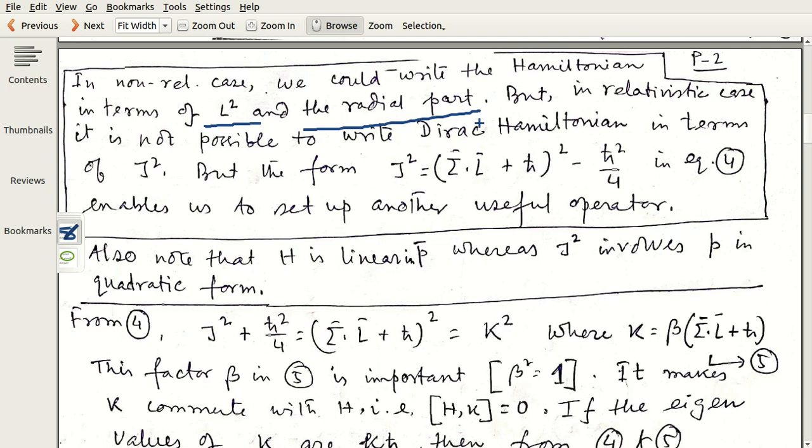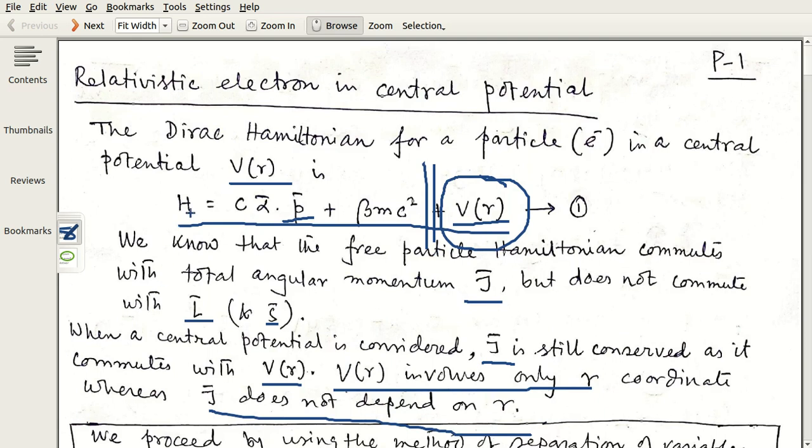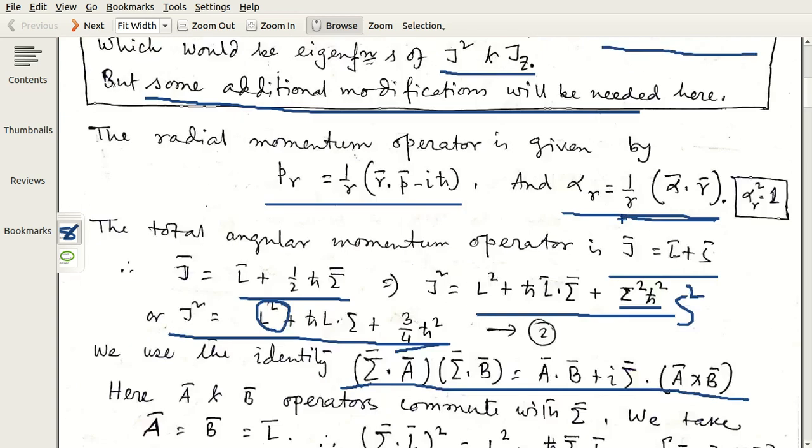But in the relativistic case, it is not possible to write the Dirac Hamiltonian in terms of J square. In the non-relativistic case, we were able to write the non-relativistic Hamiltonian using the form of L square. So we'll try the same approach here, but in the relativistic case we cannot do that. It is not possible to write the Dirac Hamiltonian H, this Hamiltonian H.